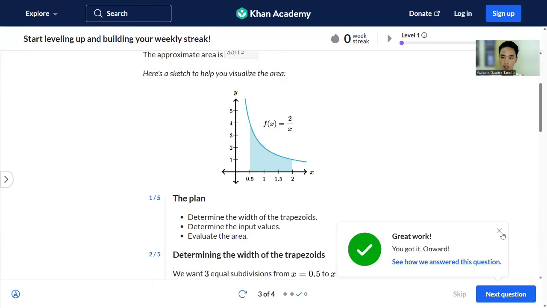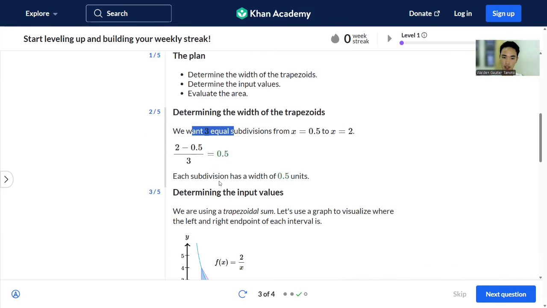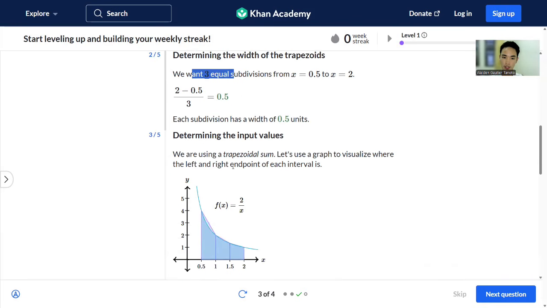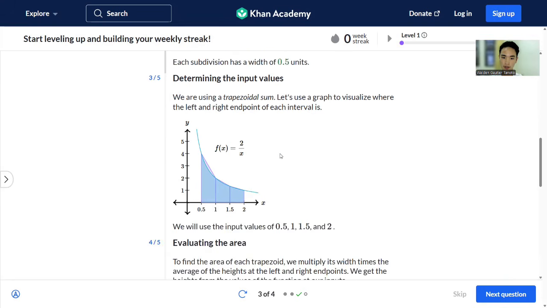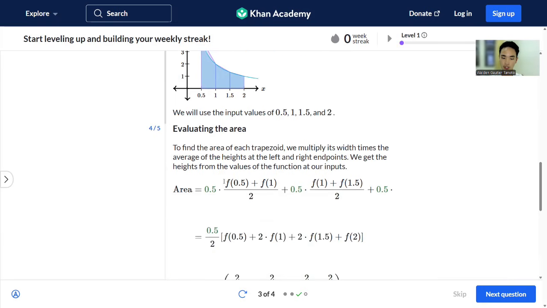This is how you solve it manually. 2 minus 0.5 divided by 3 is 0.5. So each subdivision has a width of 0.5 units. And then plug in the values for 0.5, 1, 1.5, and 2 into the function.